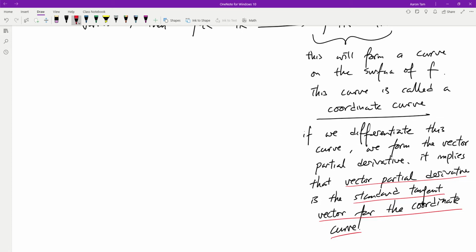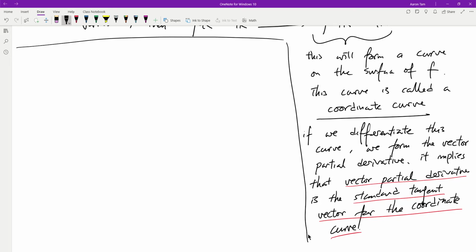Now, it might be hard to see how that works, so maybe I'll show you a picture to illustrate. Okay, suppose I have this function f that goes from R2 to R3. And let's first define what this function does.